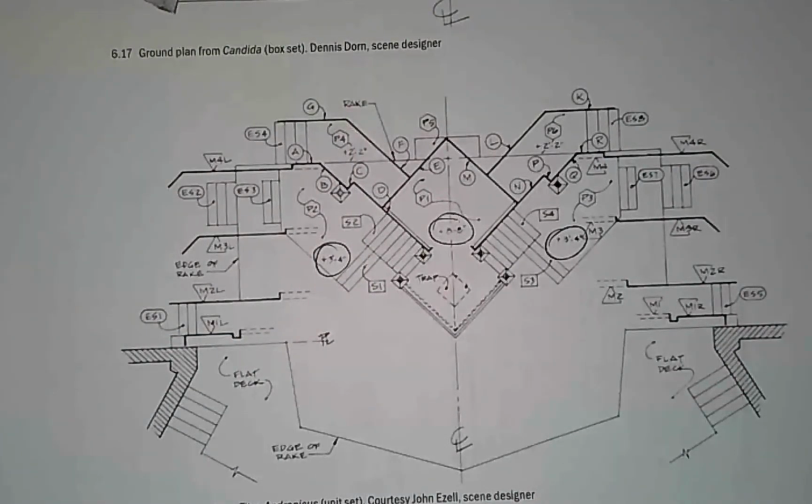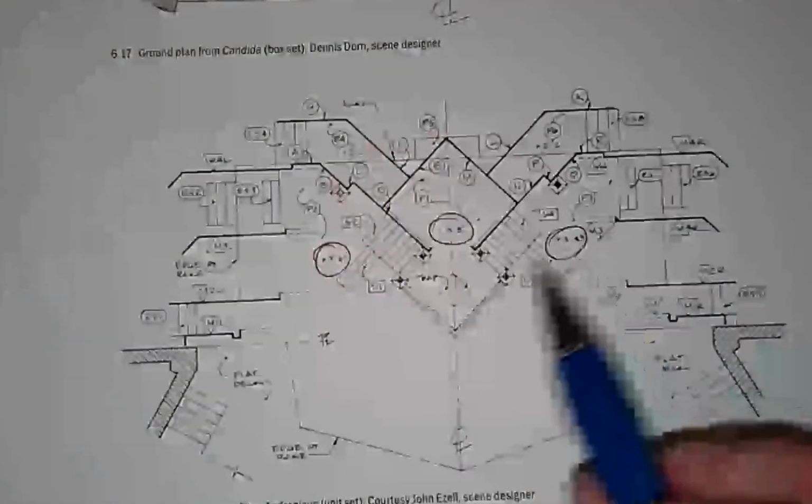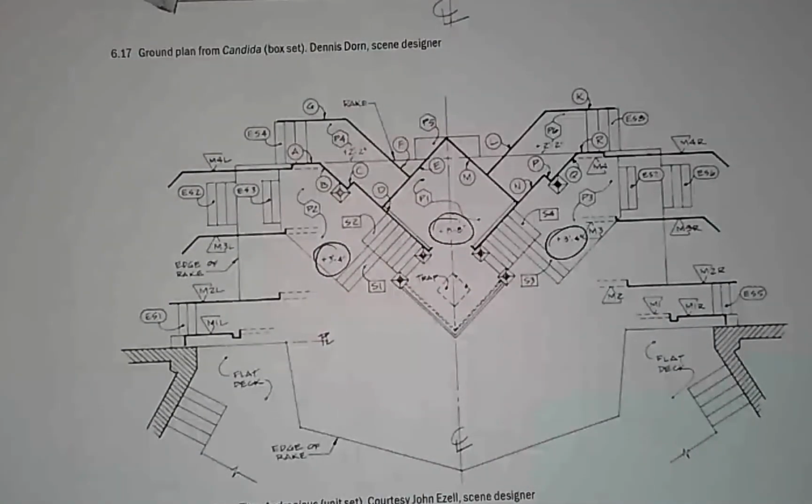But you shouldn't need to write in the individual steps, because all of that information would be provided in the elevations. If you want to provide those heights in little circles, the way that I did in that one assignment sheet, you can. Or you can just give the total height of the main platform areas, which will also be clear in your ground plan.